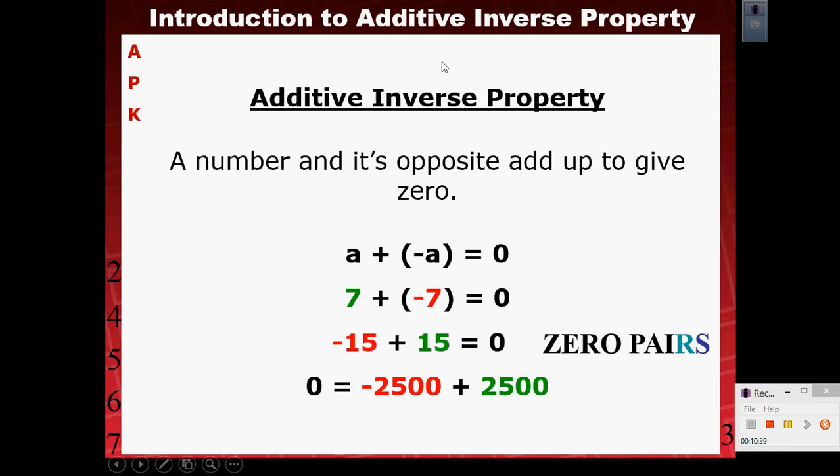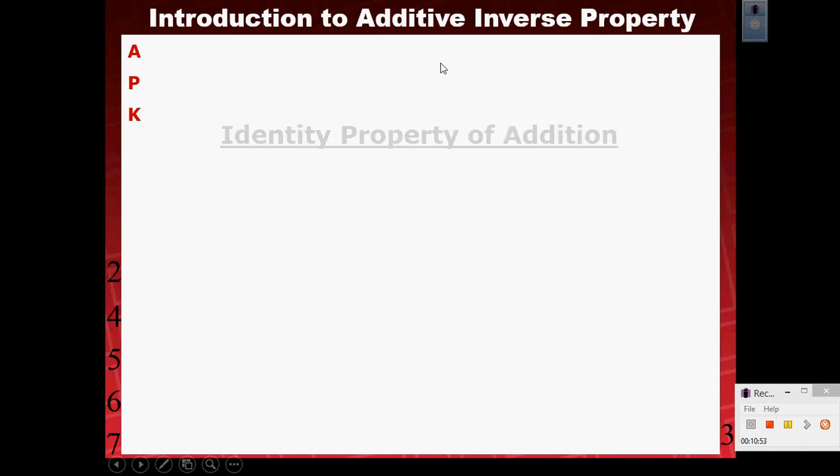Okay, the second property that we're going to work with today is this one. It's called the identity property of addition. How does that look? Now, look at these words. Some of you in the past just wrote down stuff. You didn't really pay attention to what it meant. Do we know what the word addition means? Yes. Do we know what property is?